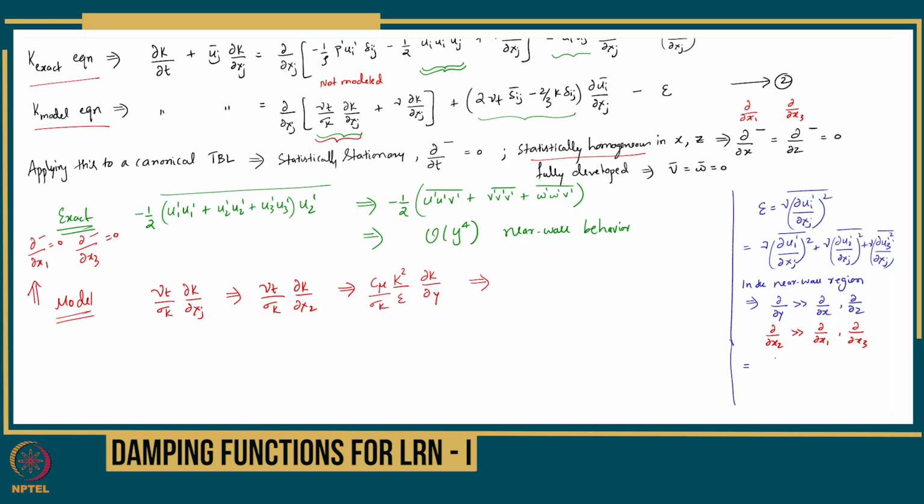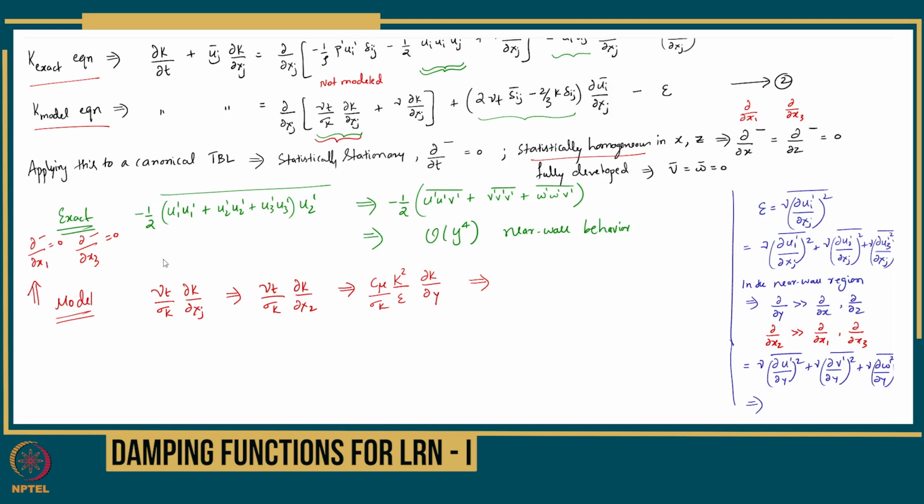So epsilon will essentially be, with j taking x2 of these 3, nu, for consistency I am writing it in terms of dou u prime by dou y square average, plus nu dou v prime by dou y square average, plus nu dou w prime by dou y square average. So what is the near wall behavior here?